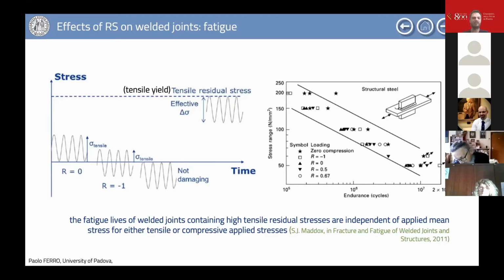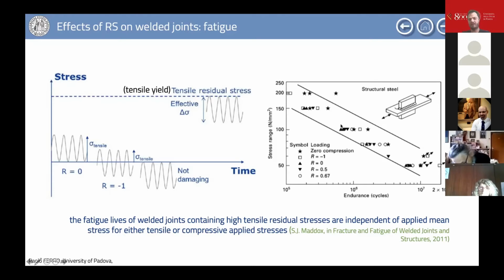You can see a schematic on the left side of this picture, and also the S-N curve, the fatigue curve of this welded joint with this geometry.